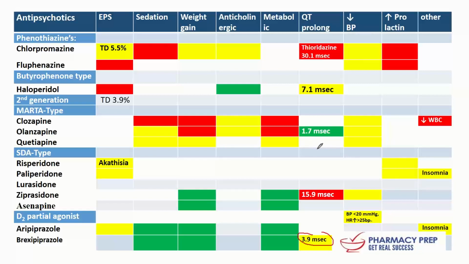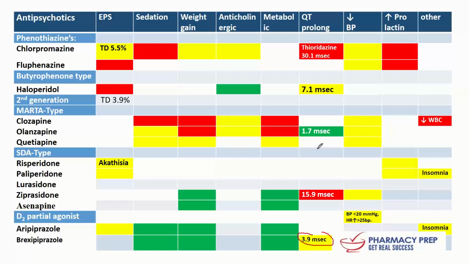Also remember, a general case scenario could be that quetiapine can also be used for bipolar depression and bipolar manic disorders. In that case, if the person is already taking other medications, you have to watch for other drugs that cause QT prolongation as well.